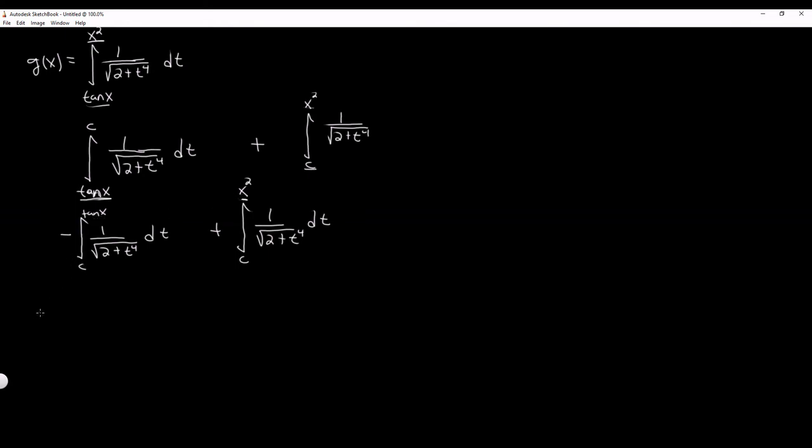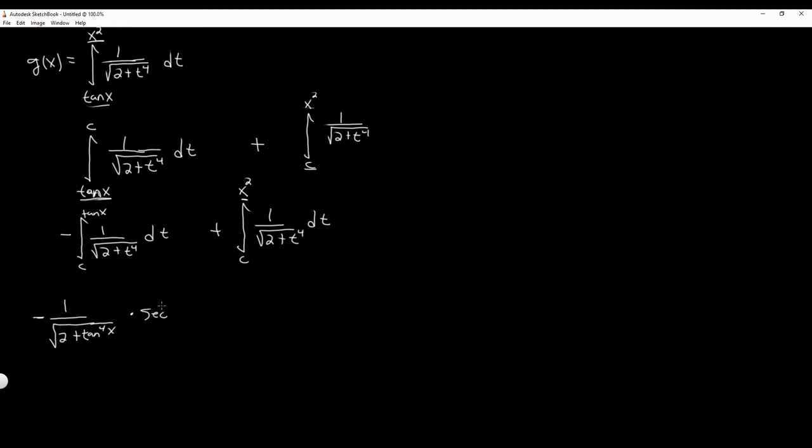So this is going to be equal to negative 1 divided by the square root of 2 plus, we're going to replace t with tangent x, and that'll be tangent to the fourth power. So I'm just going to write that down. Tangent to the fourth x times the derivative of tangent x, which is secant squared x.